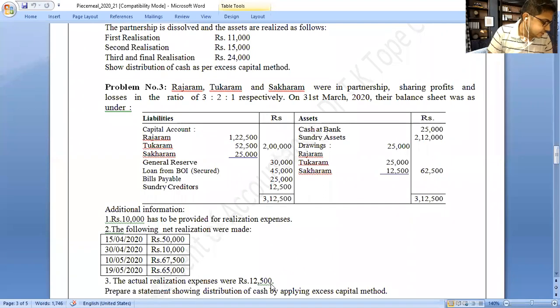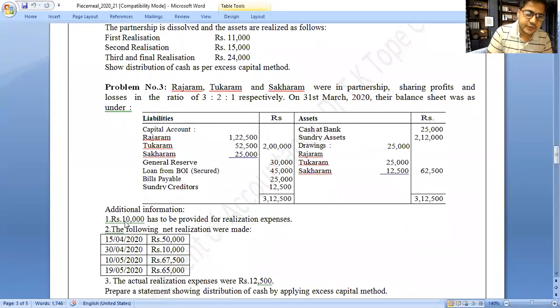Now friends, we decided realization expenses of 10,000, and we already deducted this at the time we started our piecemeal distribution cash statement.